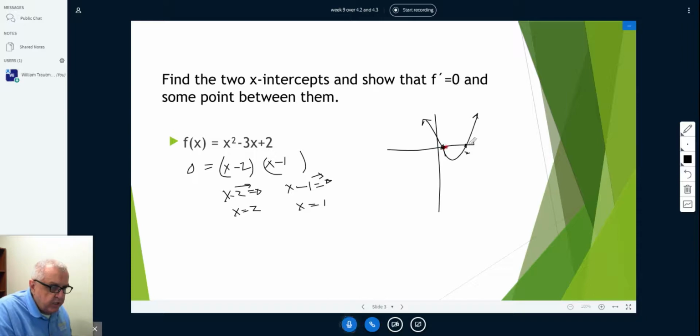But do you see how these x-intercepts have the same y value? The y equals 0. There's one coordinate that's (1, 0). The other coordinate is (2, 0). So they have the same y value of 0.